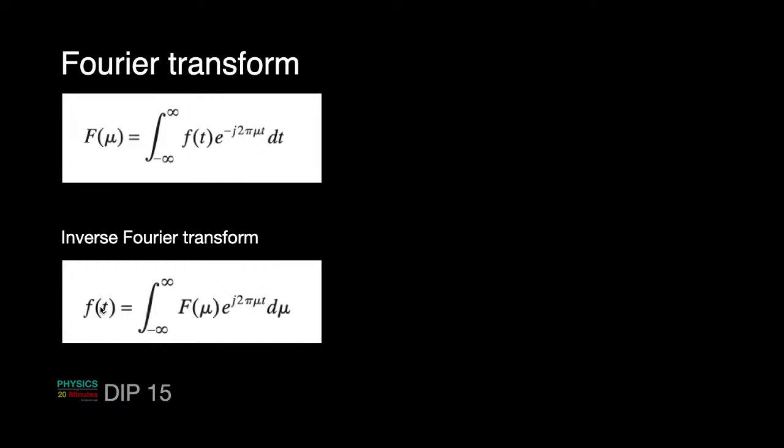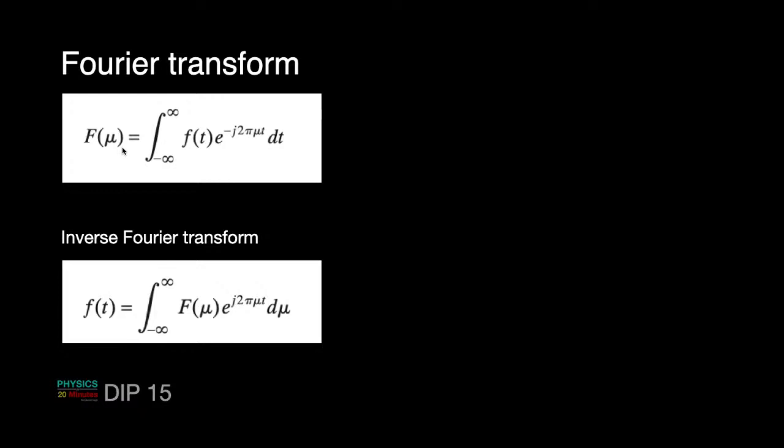Now you know that an amplitude modulation wave is the sum of three frequencies: the carrier frequency, the upper sideband, and the lower sideband. So if you have upper sideband, lower sideband, and carrier, all three added together, you get an amplitude modulated waveform. So your amplitude modulated waveform is a time domain signal. Your actual frequencies are frequency domain signals.